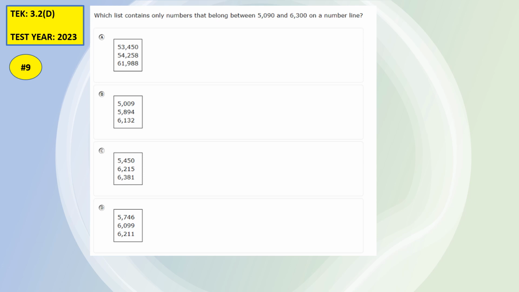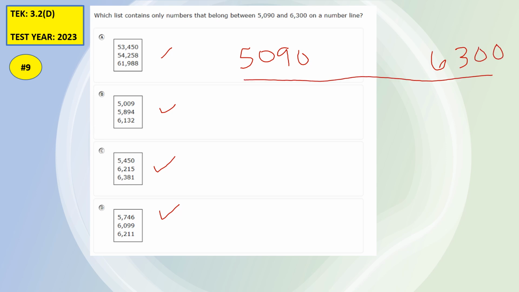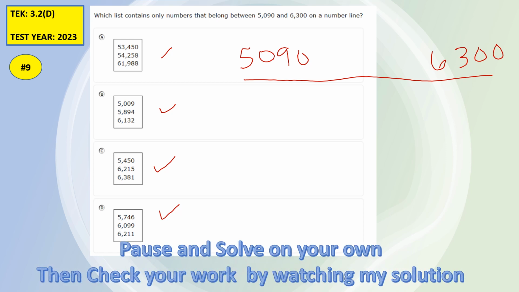So you're trying to figure out which one of these lists contain numbers that would only be found between 5,090 and 6,300 on a number line if you were counting. So you can't pick any numbers that would be before 5,090, and you cannot pick any numbers that would be after 6,300. Go ahead and pause and solve on your own. Then check your work by watching my solution.